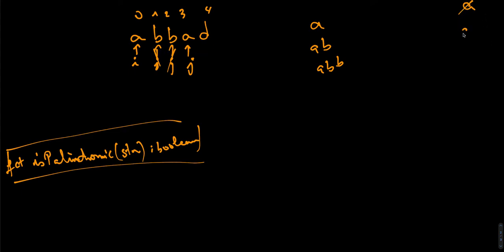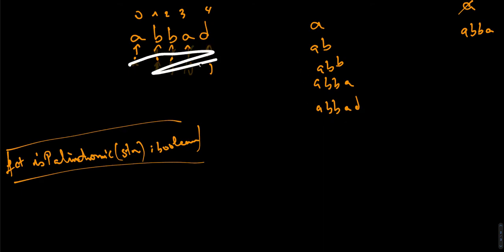So we're going to update now our longest palindromic substring to ABBA. Again, J is going to go to the last one, ABBAD, but unfortunately ABBAD is not palindromic. And then after we reach the end, we're going to reset our J and increment our I.